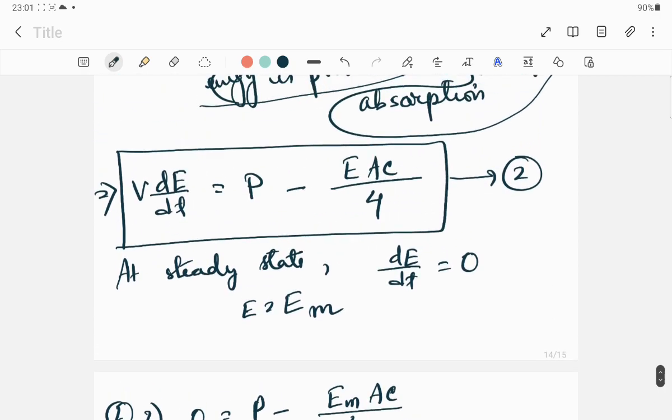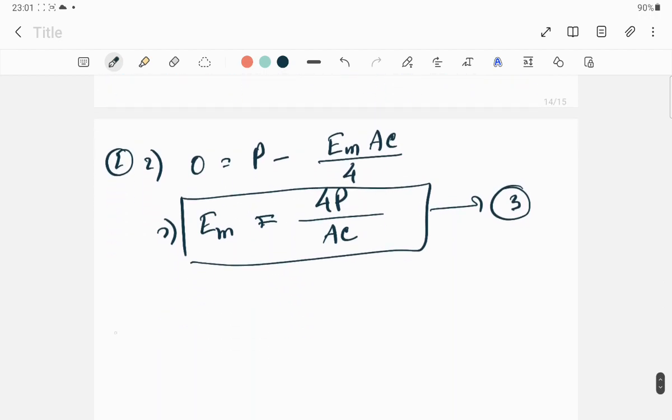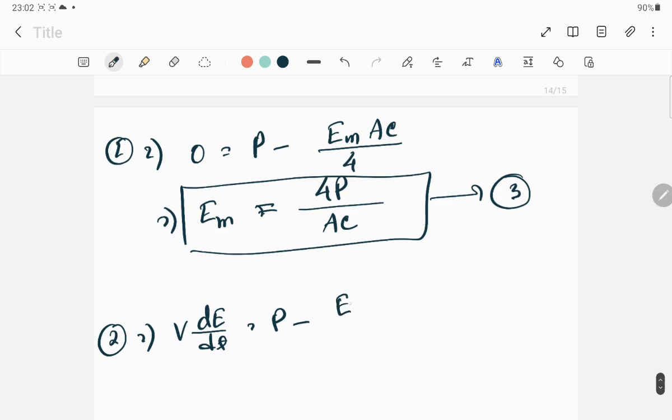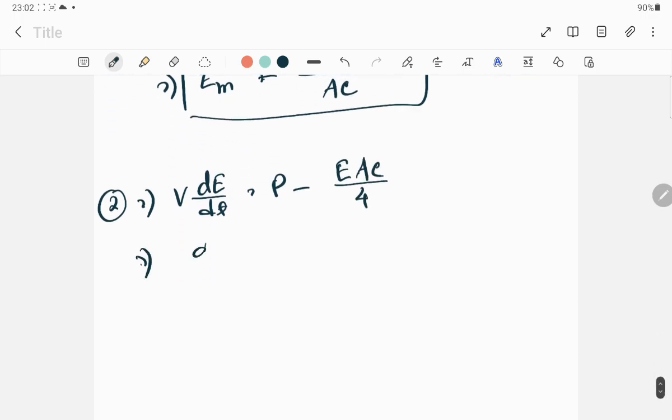Again, let us go back to equation number 2. Equation number 2 implies V dE/dt is equal to P minus EAC/4.